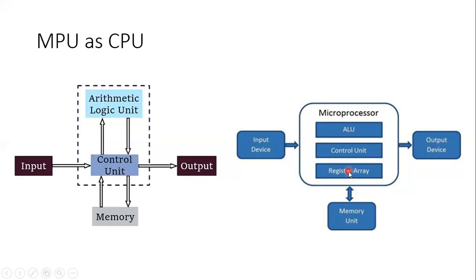Then the register array. The microprocessor consists of a small unit of memory. Normally we call this cache memory.